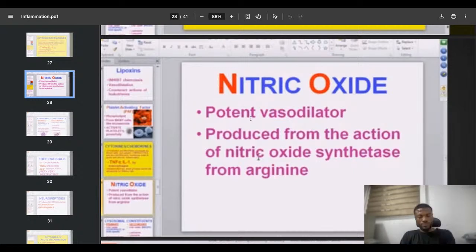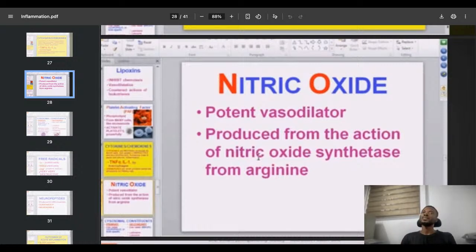Okay, so let's continue. We were speaking about nitric oxide, and we established the link between nitric oxide and serotonin, and why we mentioned earlier that the vasodilatory effect of serotonin on the blood vessel walls, or the endothelia, is an indirect one.